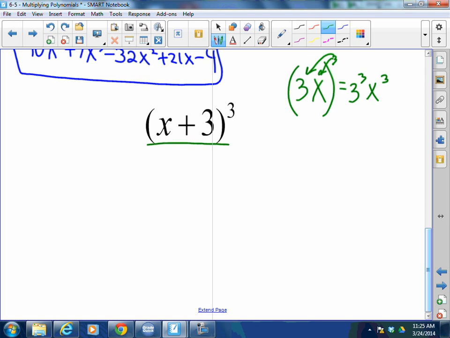Is that the same here? No. Why? Are these guys being multiplied or added? Whenever you have a binomial or a trinomial or a polynomial that is raised to a power, you do not distribute it. You multiply it by itself that many times.